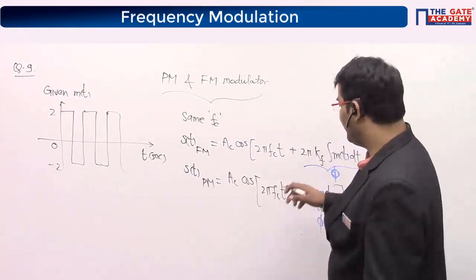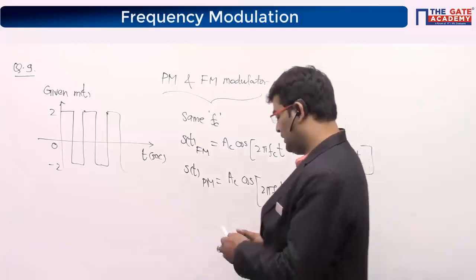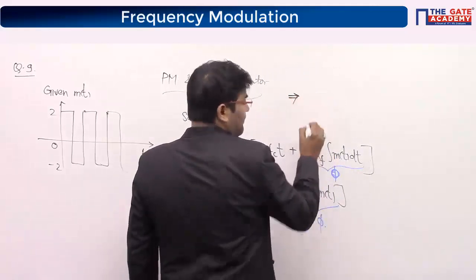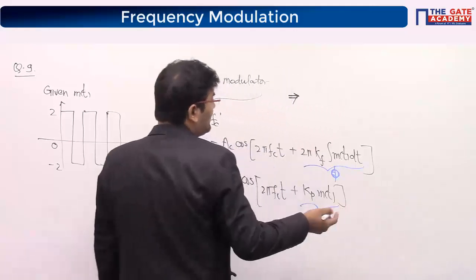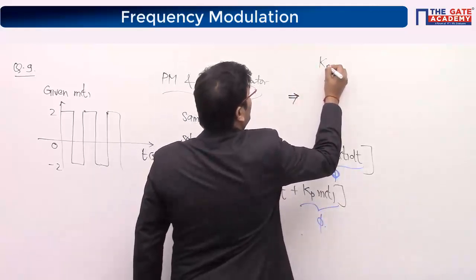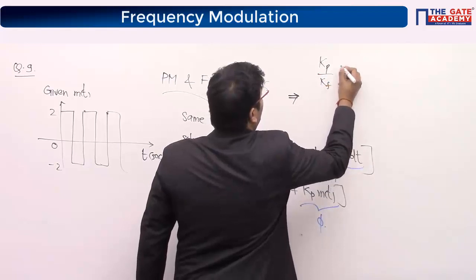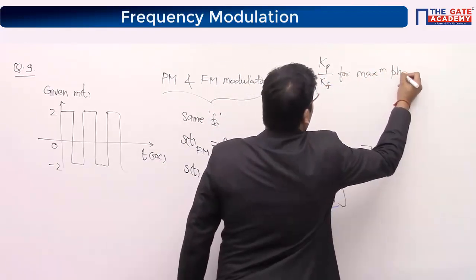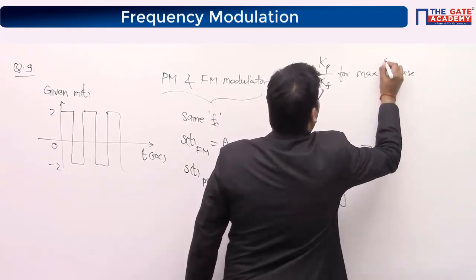So guys, maximum phase deviation means this should be max. So I can call it the same maximum phase deviation, and they are asking for the ratio of Kp by Kf for the same maximum phase deviation.